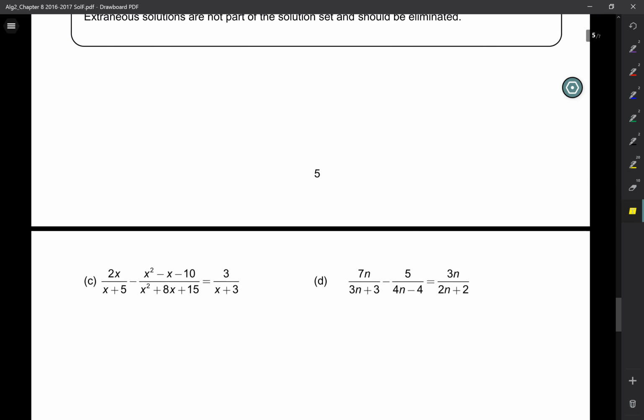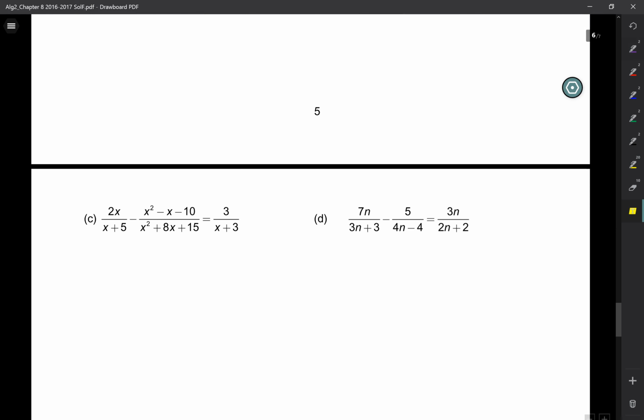So here we go. Let's take a look at this one. All right, so step one, we're going to factor anything in the denominator that can be factored. And let's just factor the numerator as well. So here we have x plus 3 and x plus 5.